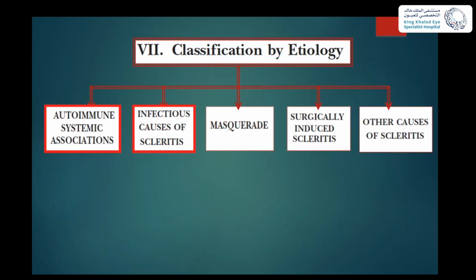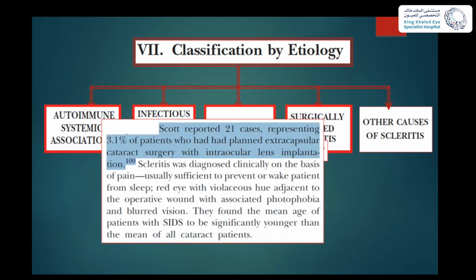The other classification is masquerade. Mostly melanomas and lymphoma can present with scleritis. Recently, about two months ago, we saw a patient referred as suspicious of scleritis who turned out to be a lymphoma. But it is one of the differentiating factors. Surgically induced, as we said, either because of pterygium or even retina surgery.